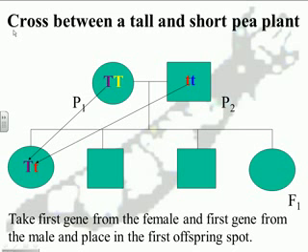This circle, square, square, circle, labeled the first filial generation, is telling us the genetic possibility of the offspring.